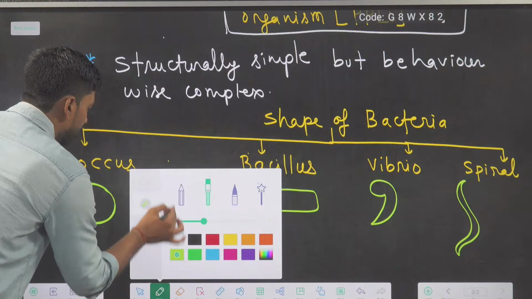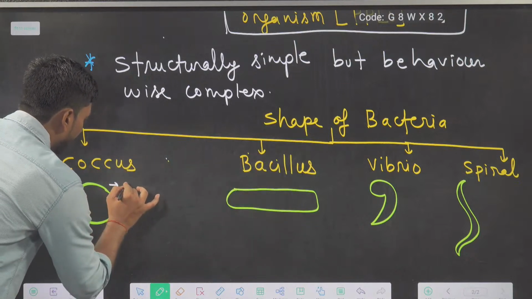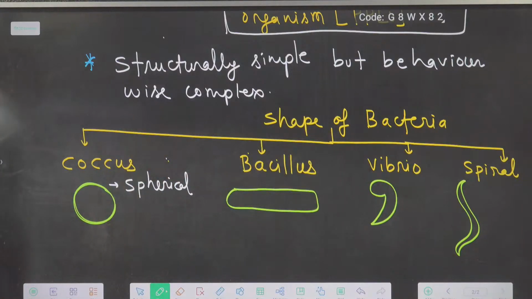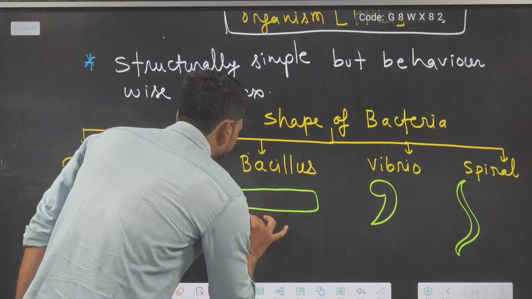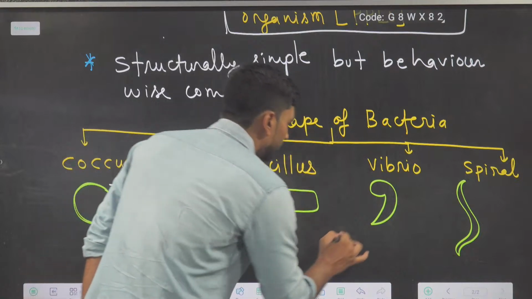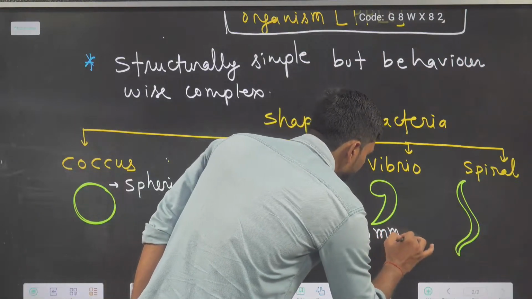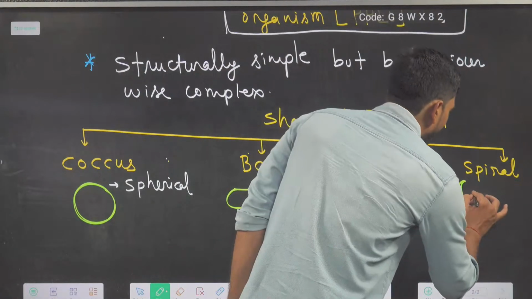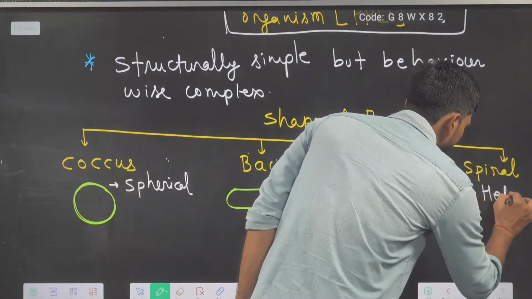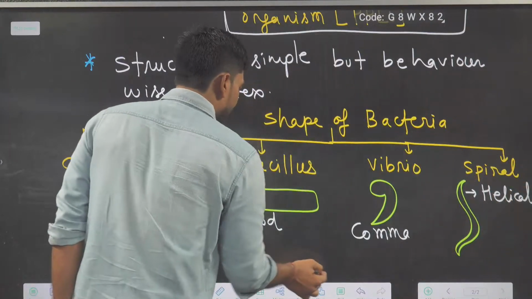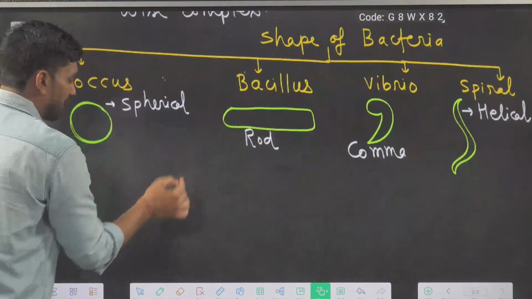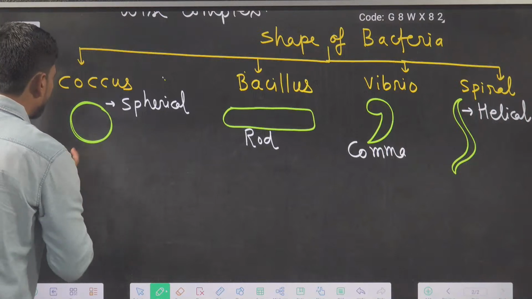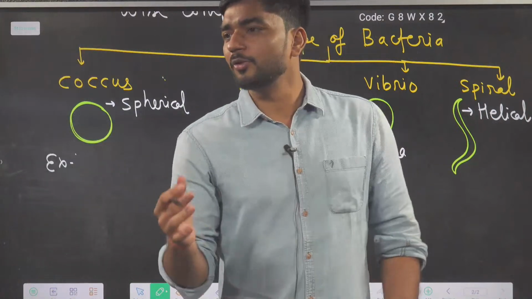So based on the shape of the bacteria, we can divide. So it is spherical. Next one is rod shaped. Next one is a spiral, or we can say helical. So we'll look into a few examples. So the best example for the coccus is, can you name some coccus?